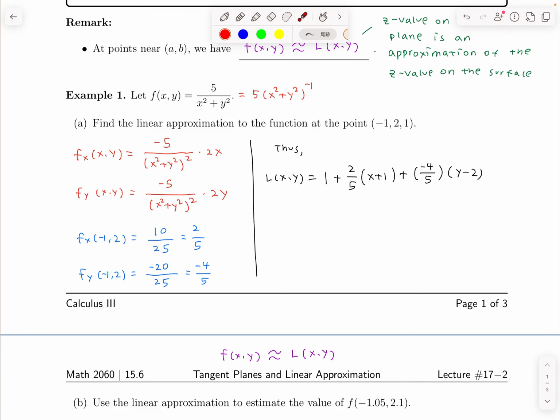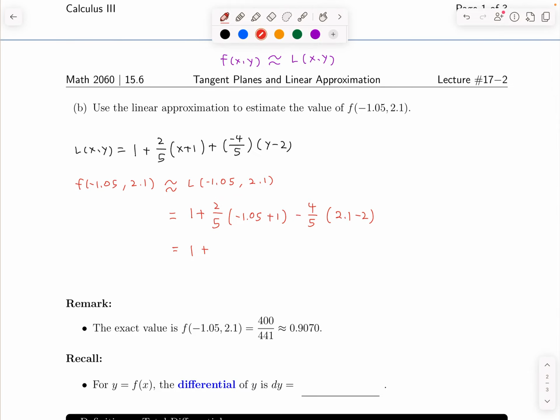If you try to simplify first, then when you plug in some x and y values, it will become more complicated. So right here we will have 1 plus 2/5 times, we have negative 1.05 plus 1, so negative 0.01, minus 4/5 times 0.1.